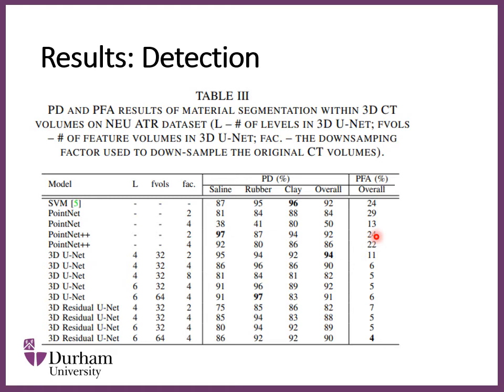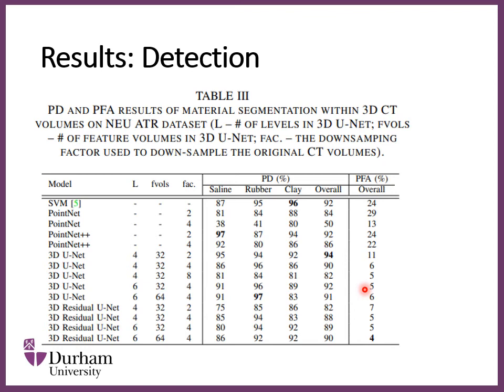But the 3D UNet and the residual UNet can give very good results of high probability of detection and a very low probability of false alarms. It depends on your combinations of the hyperparameters, so you can have a trade-off between PD and PFA.